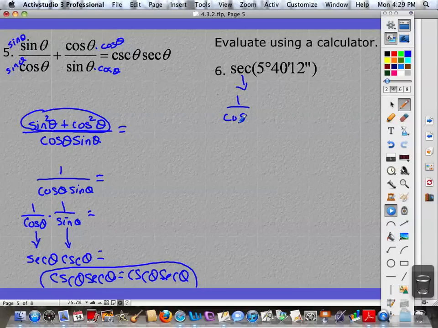Okay? So I've changed my calculator to degrees, and now I can go back, and I'm going to take the cosine of 5 degrees, 40 minutes, and 12 seconds.